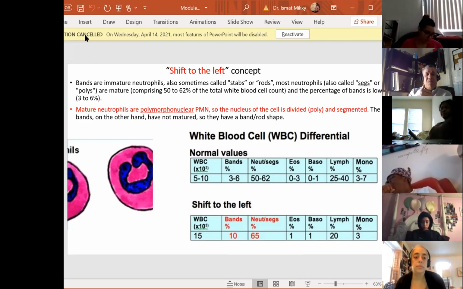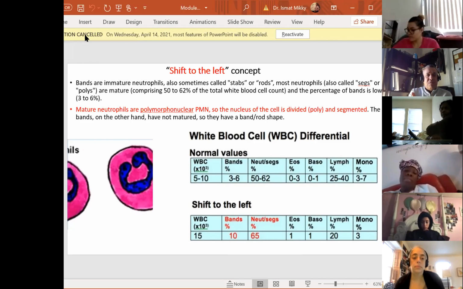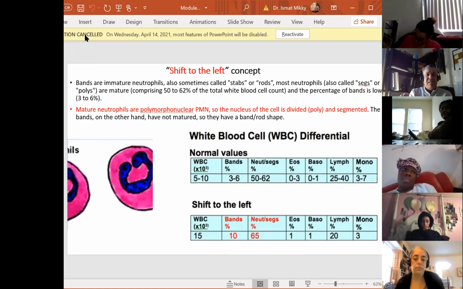Because of the fast, accelerated production, it will produce immature cells like these bands. So we'll have a large amount of bands. When you see a high percentage of bands among the white blood cells, over 6%, that reflects that there is an infection or sepsis.